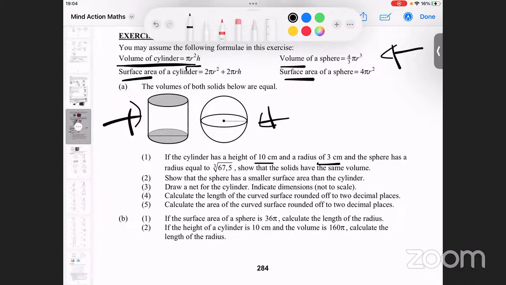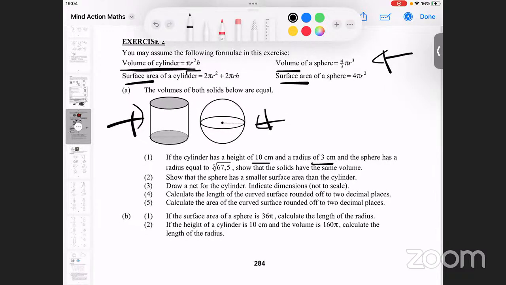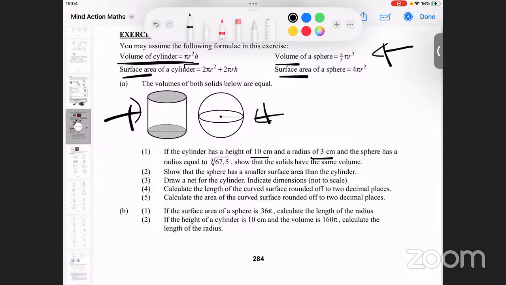Ma'am, I get 90 pi. Is that for the cylinder or the sphere? For the cylinder, 90 pi. So you substituted, you had pi r squared times h.